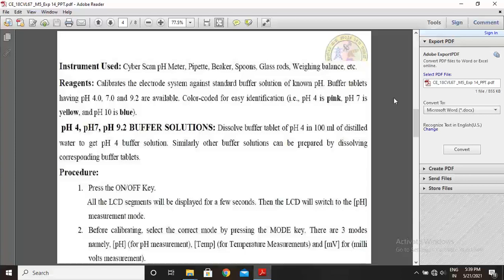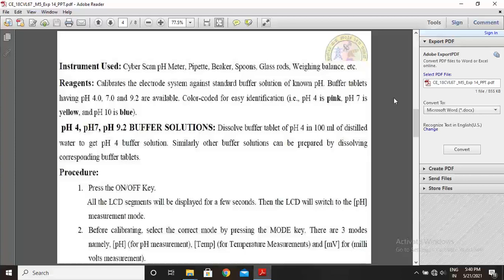Now, which reagents are required to conduct this experiment? Calibrate the electrode system against standard buffer solution of known pH. Buffer tablets having pH 4, 7 and 9.2 are available.